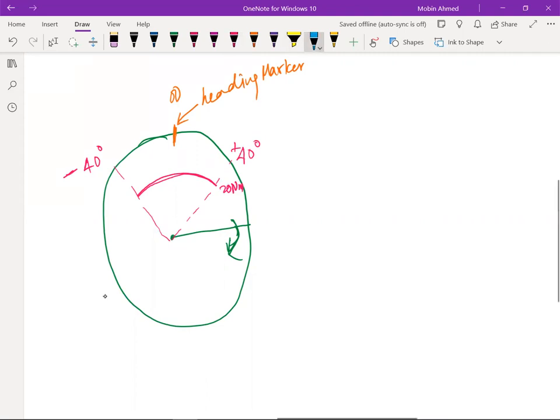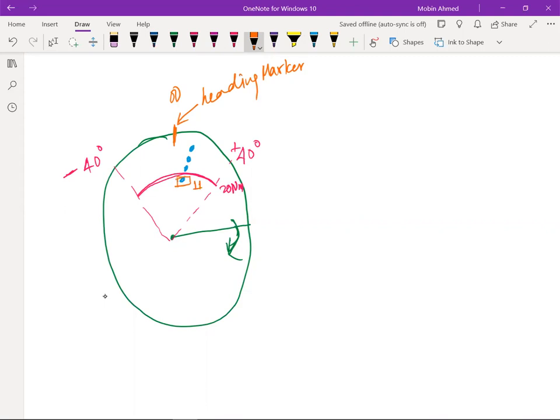Now suppose a target is appearing here and is continuously moving. As soon as it enters this sector that I have marked, it will be tracked automatically. One number is going to be assigned. Suppose I assign number 11, just like that.